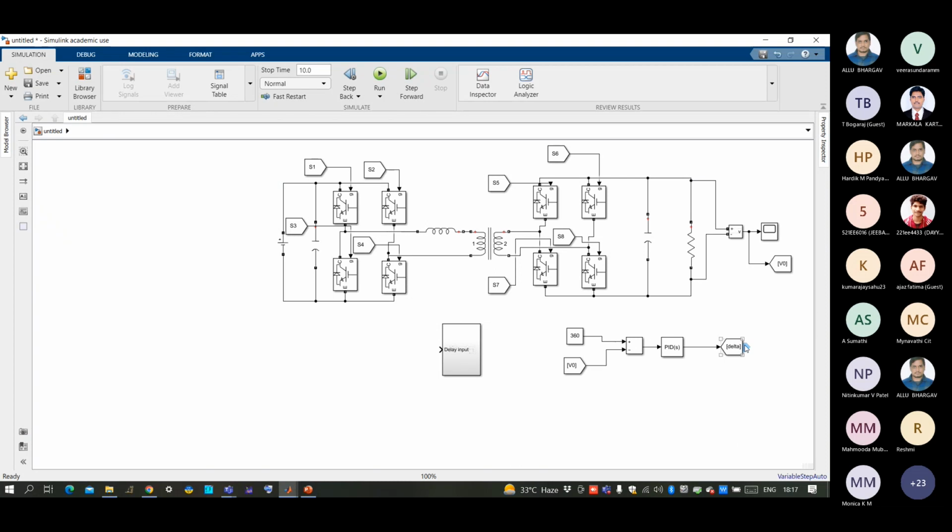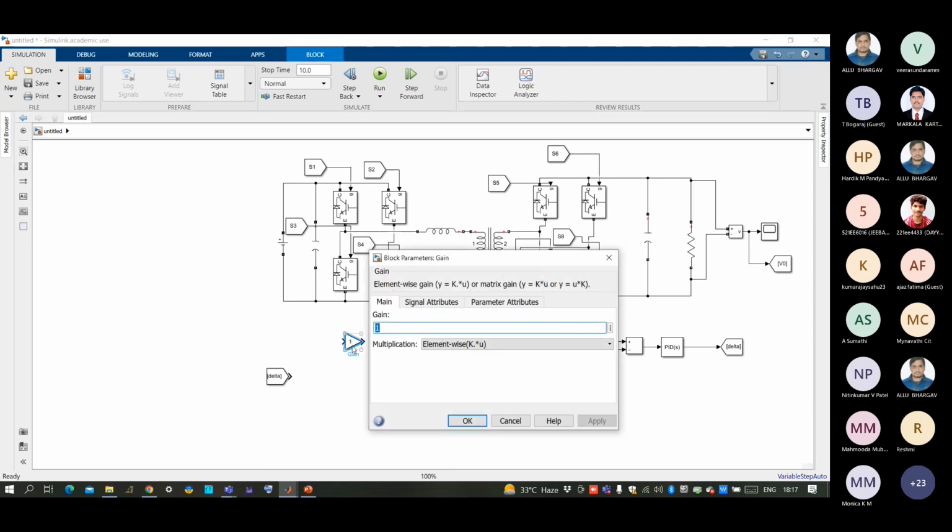So I need a gain. I already know Ts will be 1 by Fs. So 1 divided by 25 kilohertz into 2 into pi.